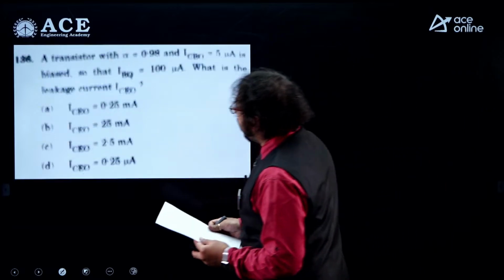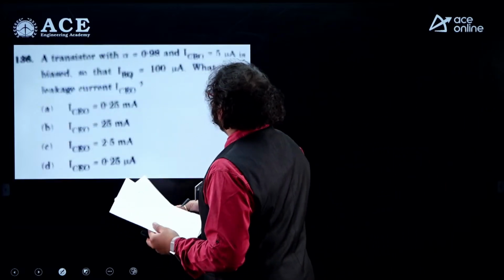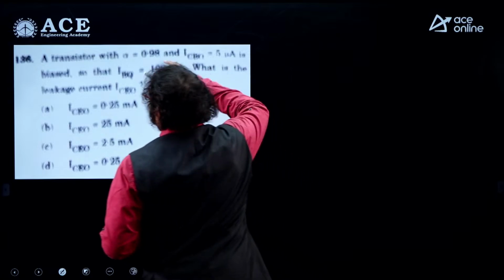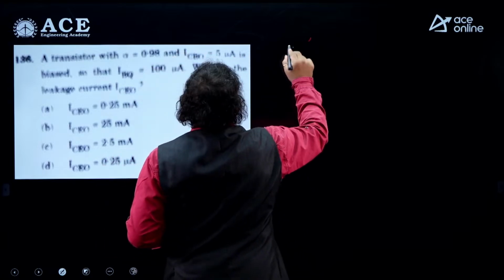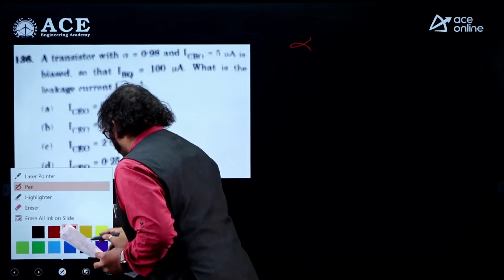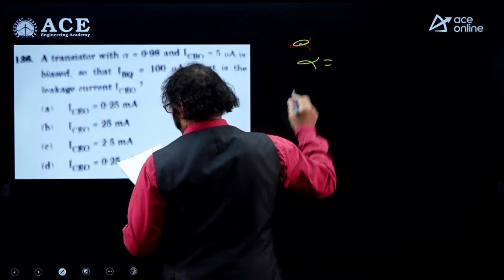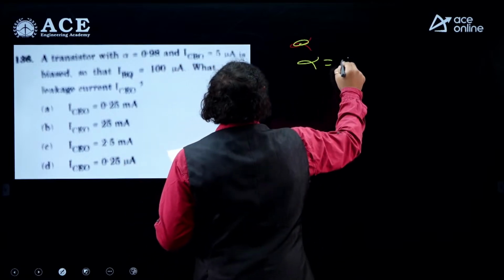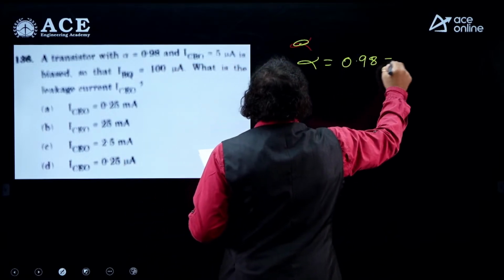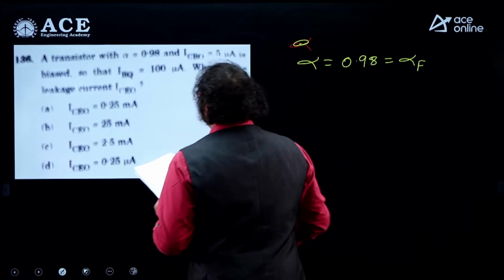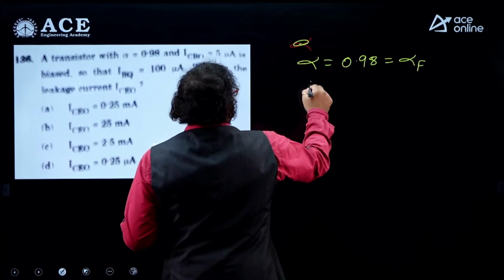Now, I think the question is not clear. So if I'm not wrong, they're asking about a transistor with alpha. I'm sorry, let me change the color. Yes, alpha, they have given us 0.98, which is nothing but alpha F, the forward current gain of common base. And they have given ICBO.